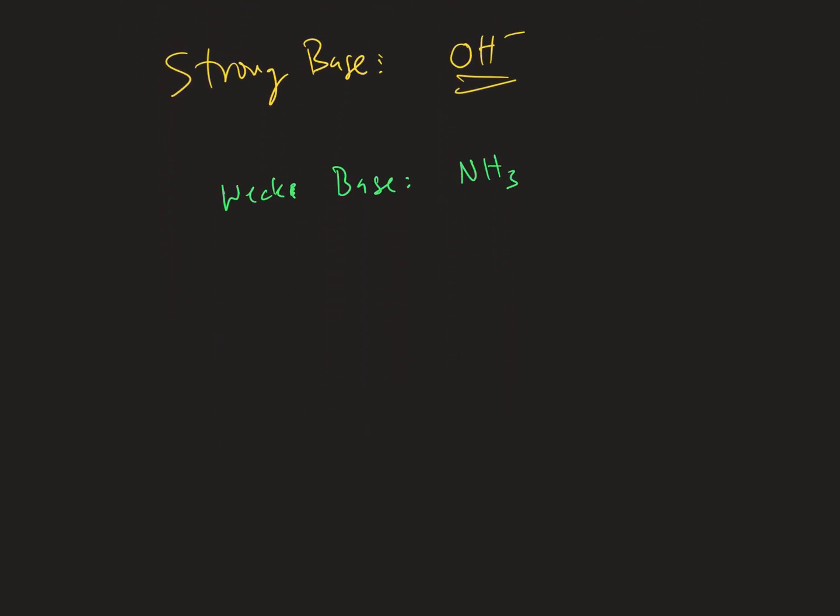So to get into the technicality of it, a strong acid in equilibrium has an equilibrium value K much greater than 1. Much greater than 1 means it's highly soluble.